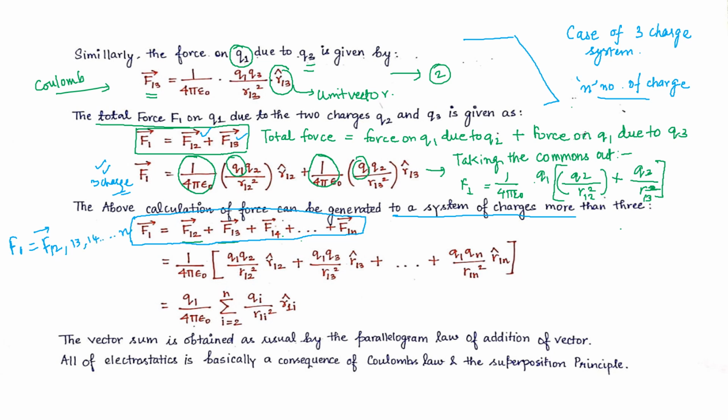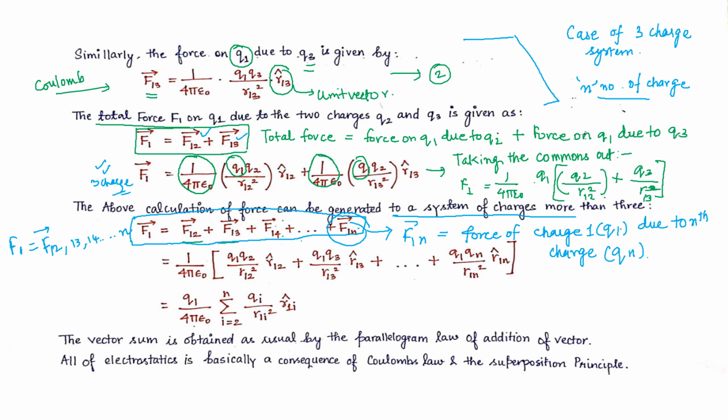Here F1n denotes force on charge 1, that is Q1, due to the nth charge, that is Qn. Similarly, F12 denotes force on charge 1 due to the second charge.